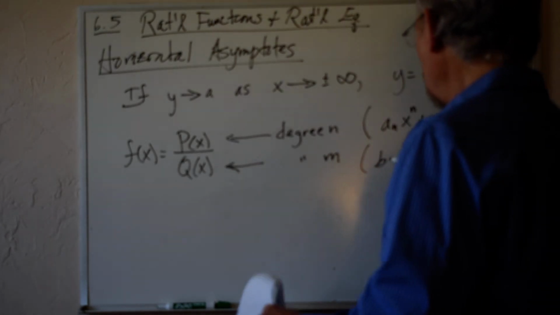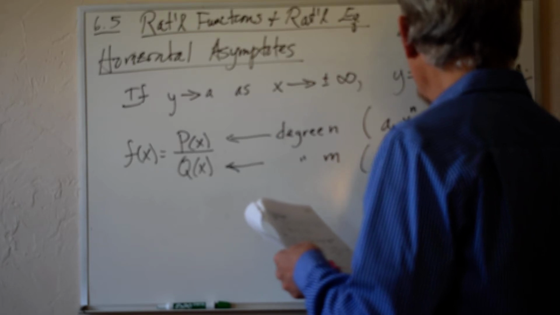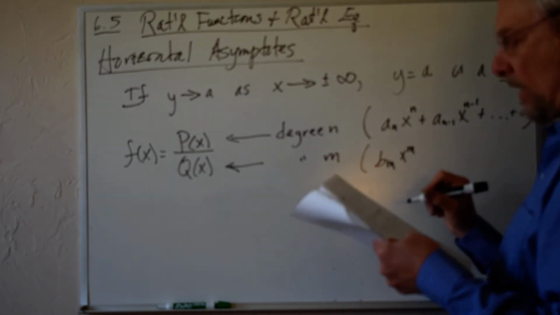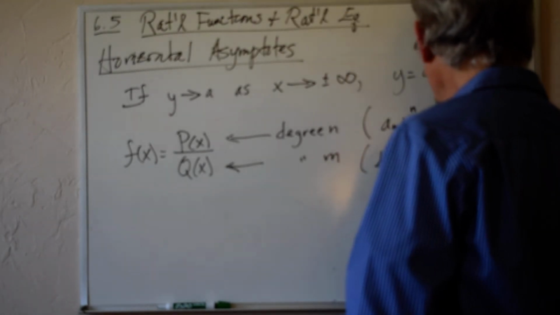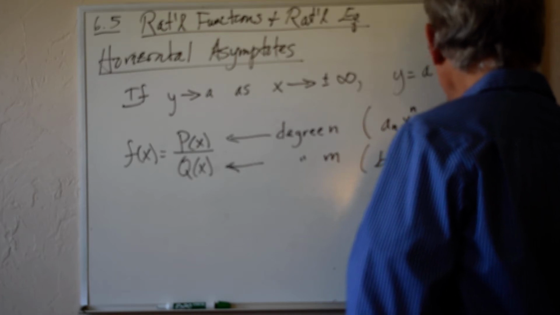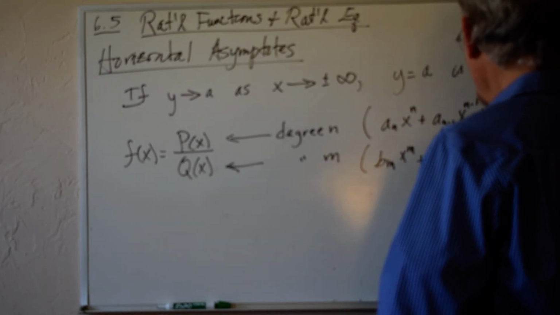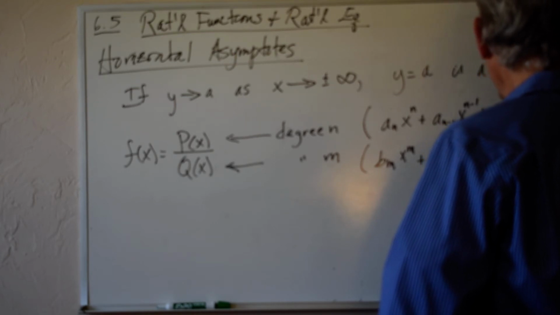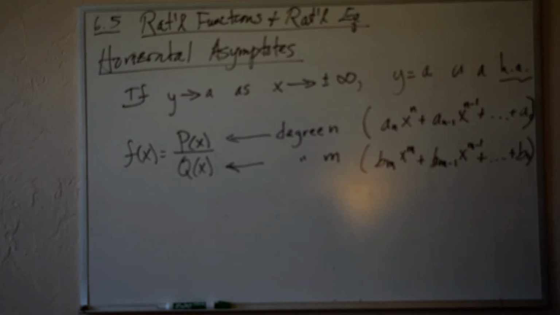So we have b sub m multiplying x to the power m, plus b sub m minus 1 multiplying x to the m minus 1, and so on and so forth, down to b sub 0, which would be the constant coefficient.